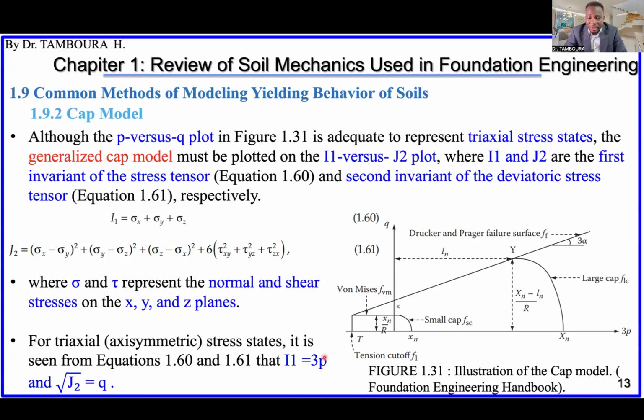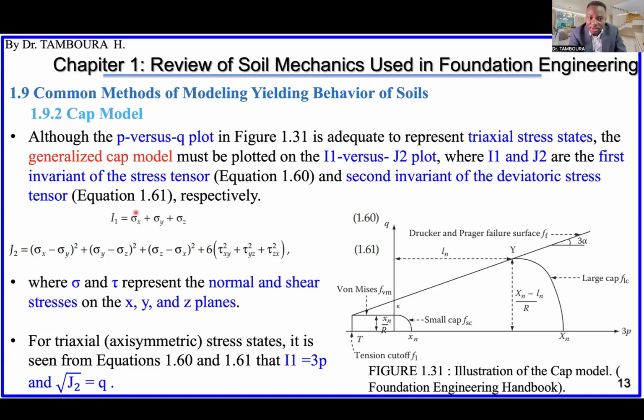Okay, so we can consider that sigma x is like P but on the x plane. Sigma y is P, like the mean stress on the y plane. And sigma z is the mean stress, meaning P, on this z plane.